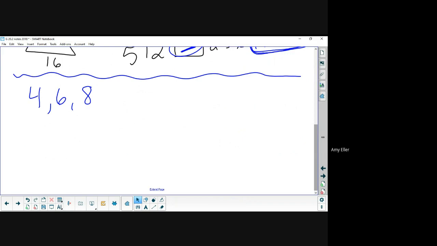Before you do anything, let me get you a visual here. 4, 6, 8. Here's straws, 4 inches, 6 inches, and 8 inches. What do we think, is it acute, right, or obtuse?